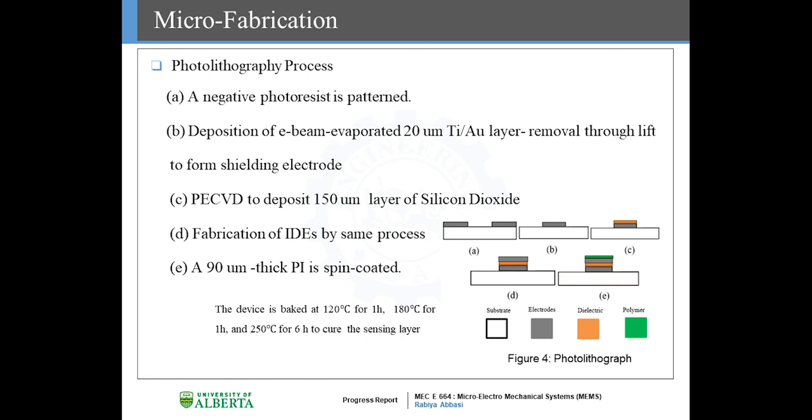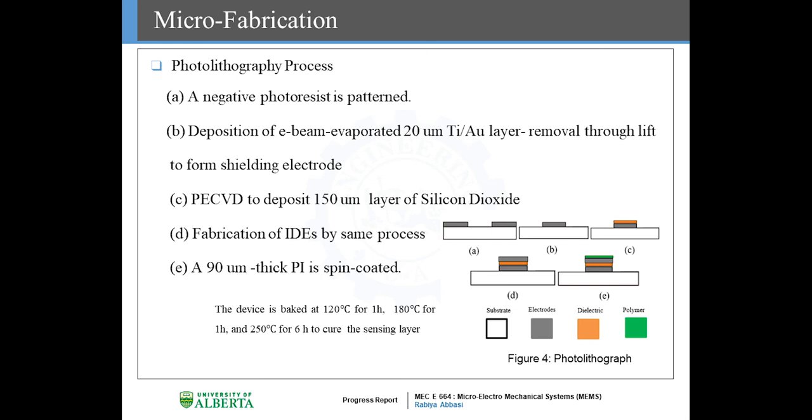Microfabrication is one of the important processes when you consider constructing your sensor in the real world. Photolithography is the process that we have considered for our sensor. There are various steps for that. For example, in the first step, you pattern the negative photoresist and deposit a layer of titanium or iron to form the shielding electrode.